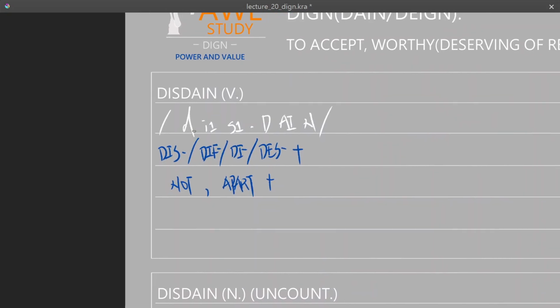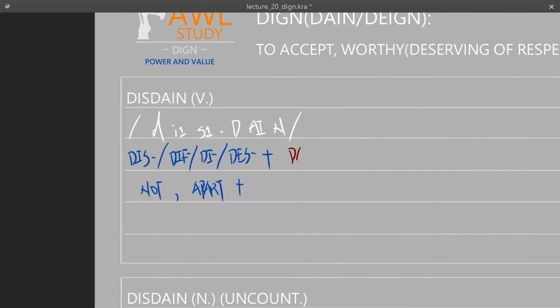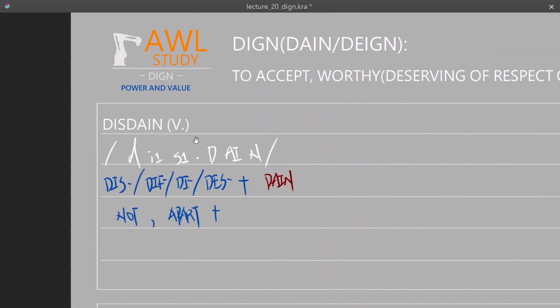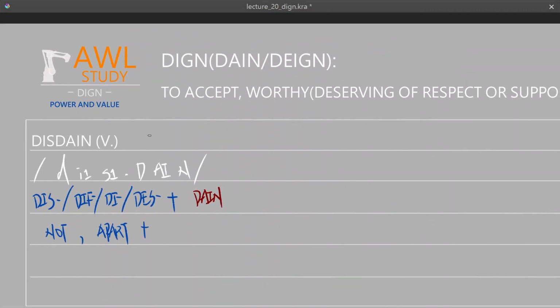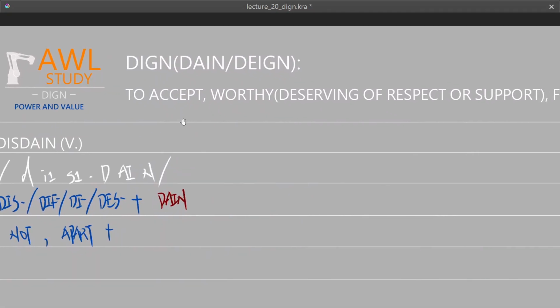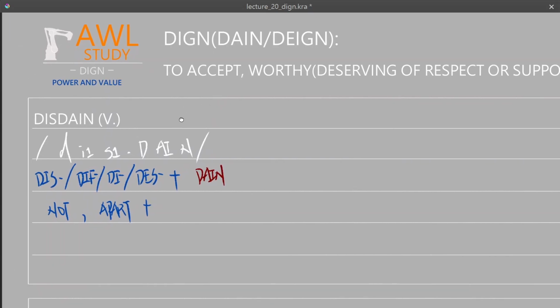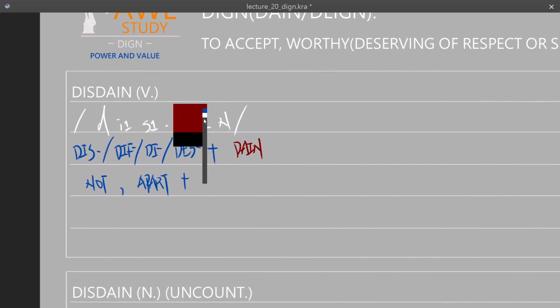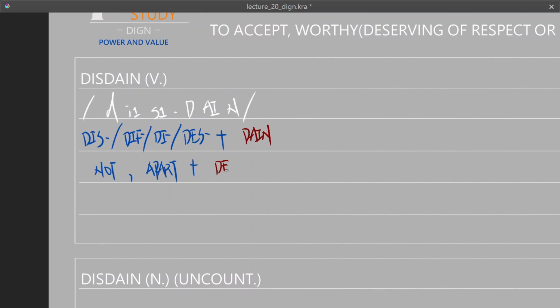And we have the root DIGN, meaning deserving of respect.